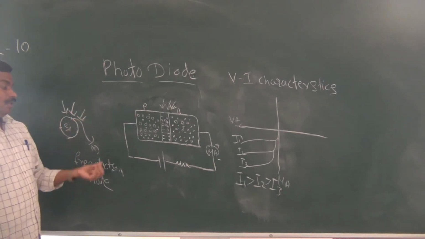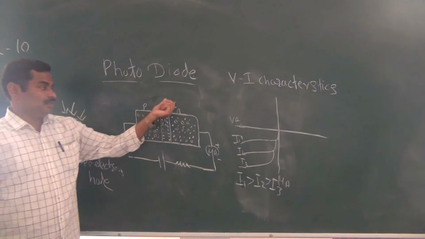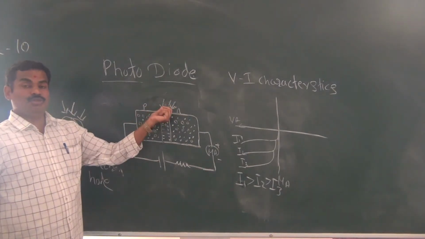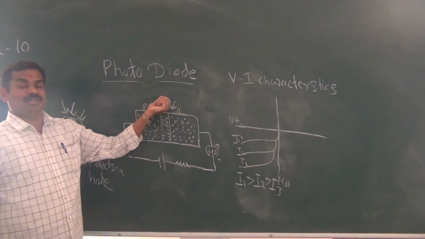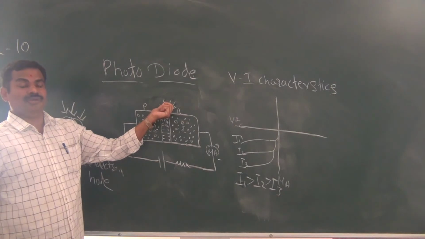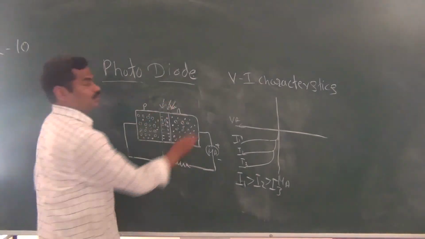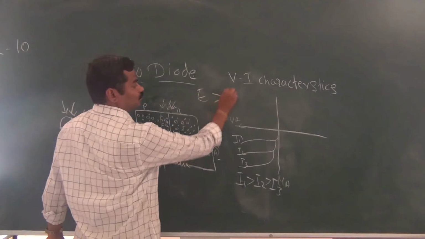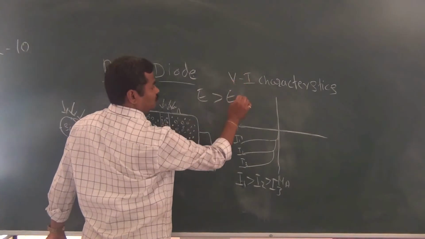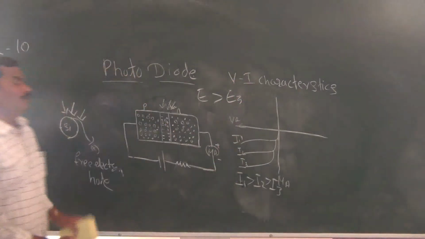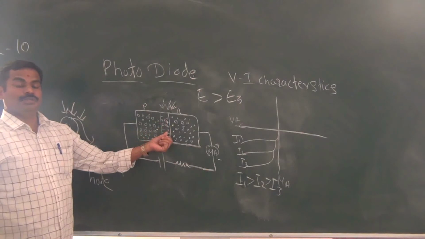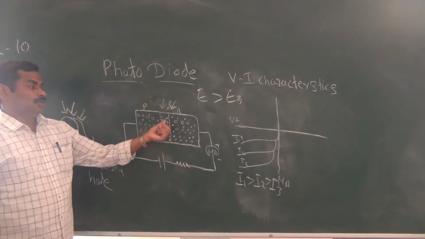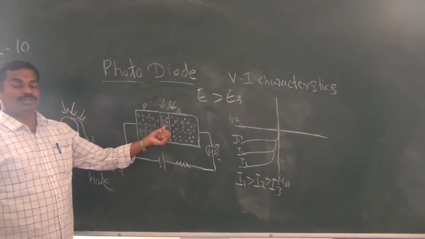And I said that the photon energy should be more than Eg, and only then can you break the bond. You will get a larger number of electron-hole pairs generated.